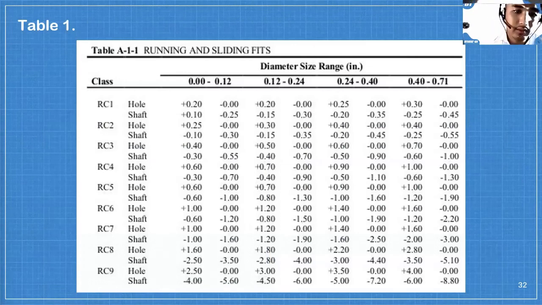Ito. Dito sa table, makikita natin dito yung type or different brackets of tolerance. Dito sa taas, ito yung diameter size range. Halimbawa, ang diameter size range of hole natin ay umaabot sa 0.5. Dito siya papatak sa 0.40 and 0.71.